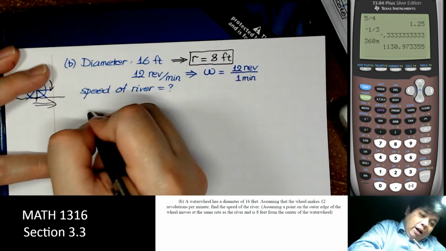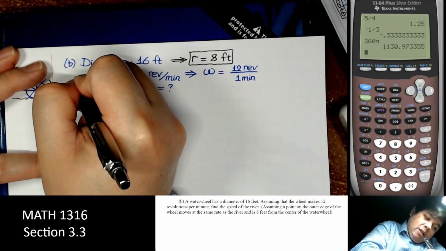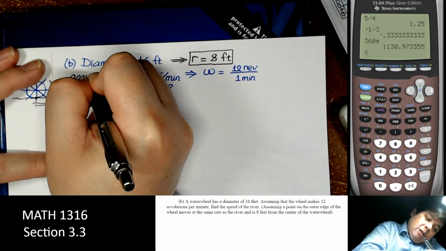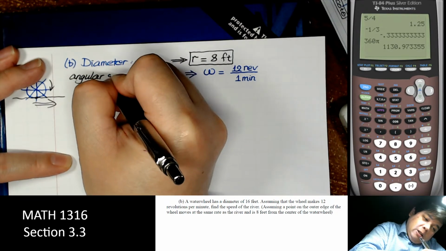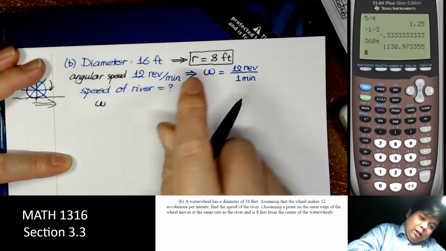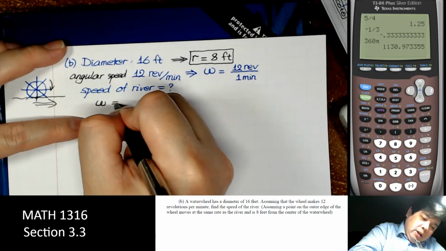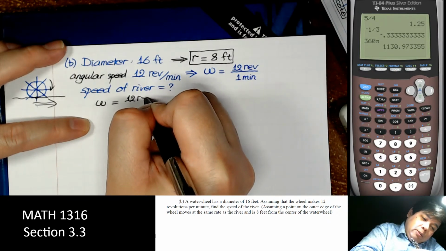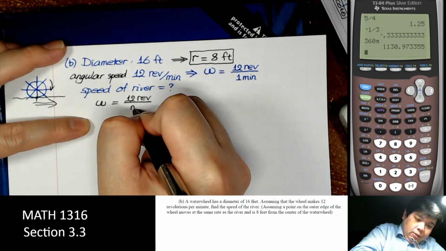Now, the angular speed is 12 revolutions per minute.